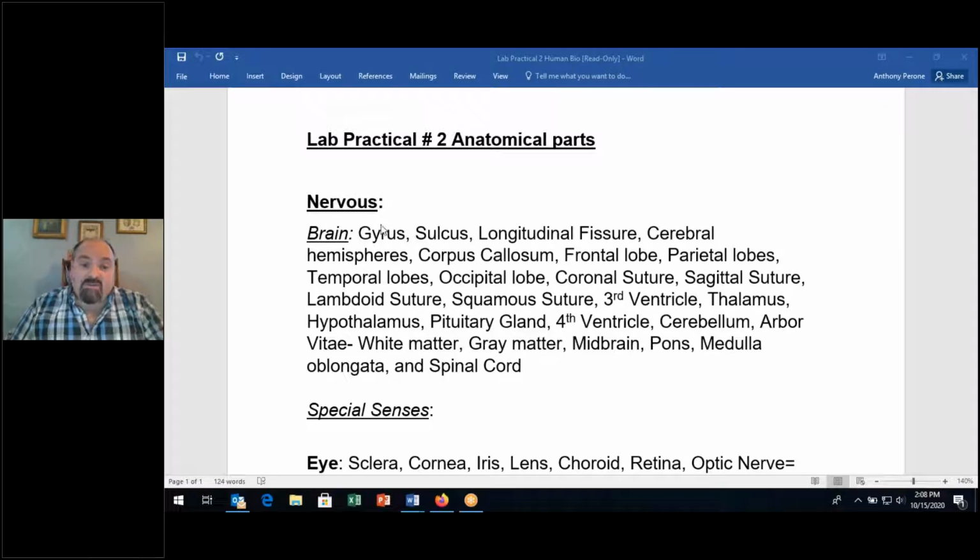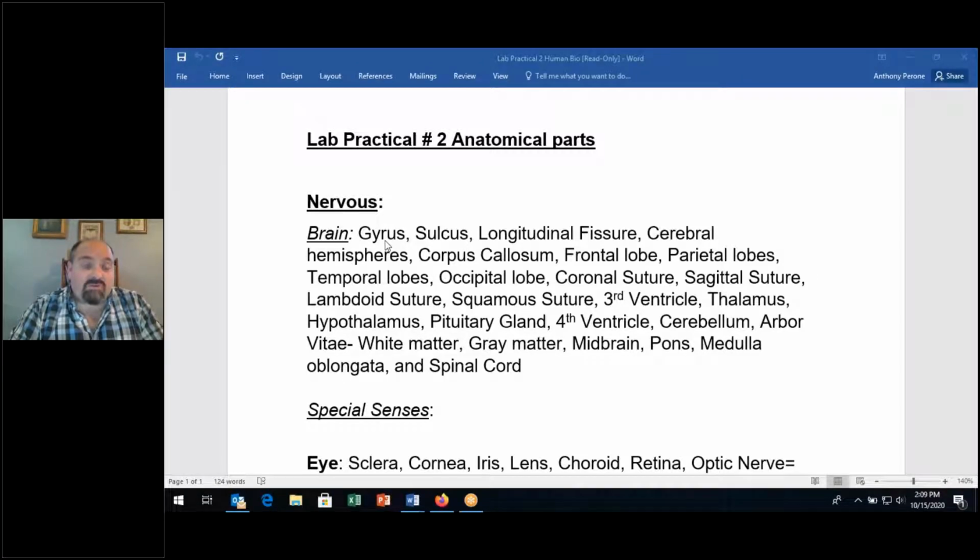So a gyrus would be one of the folds that we would see within the cerebral hemispheres. As you look at the cerebral hemispheres in just a moment, you're going to notice these little folds throughout them. One is called a gyrus, and the plural is gyri. The sulcus would be the indentations between the individual gyri, okay?